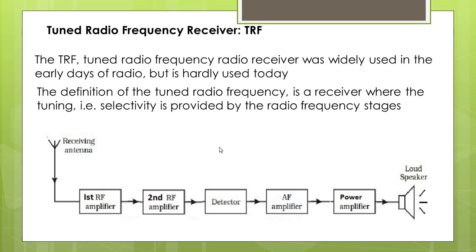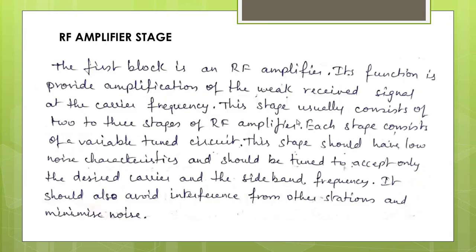In the tuned radio frequency receiver, selectivity is provided by the radio frequency stages. So we have the RF stage, with two RF amplifiers, the first and second stage. This RF amplifier consists of a variable tune circuit.